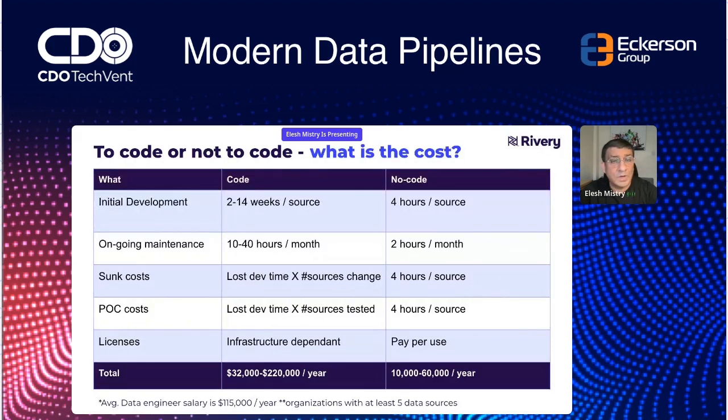And in terms of no code, tools like Rivery are giving you the same value, but for just a fraction of the cost of a team of data engineers who are having to not actually bring value to your business, but just get data into a warehouse. And that's the real key there. The short answer is, do you want your data engineers to analyze the data, or do you want them to have to worry about getting the data in your warehouse in the first place?